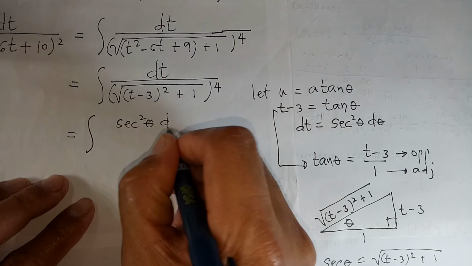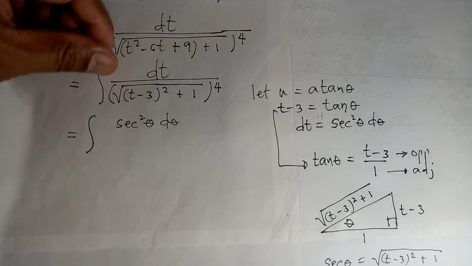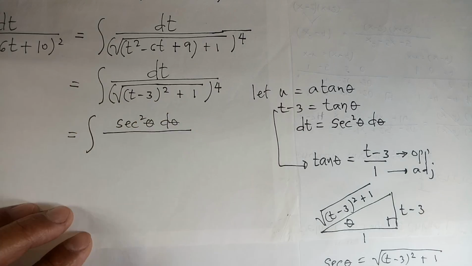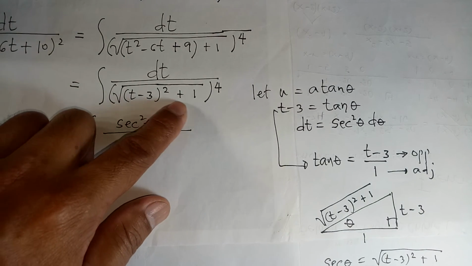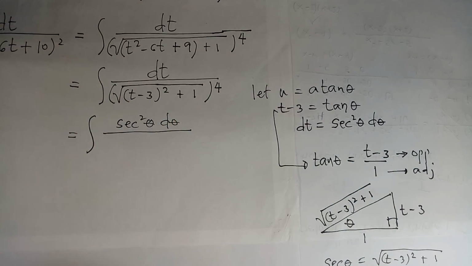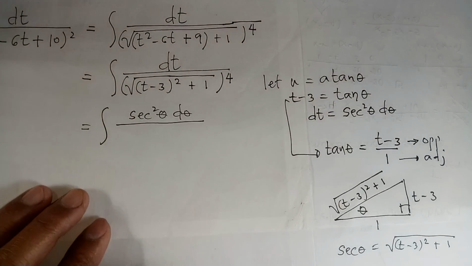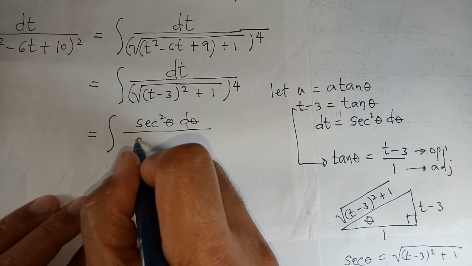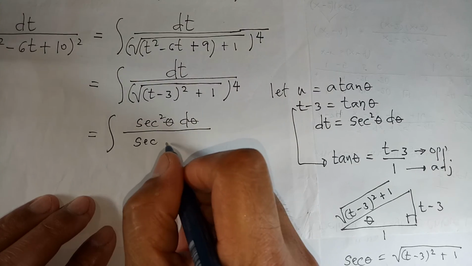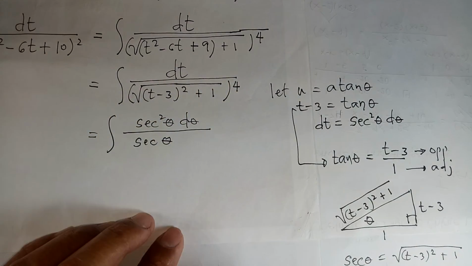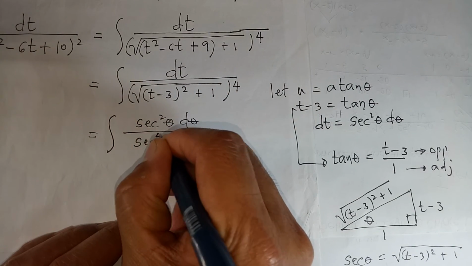Tapos, we have the division line. And then we have t minus 3 squared plus 1 square root. So, you see, equal siya sa secant theta. Tapos naka-raise siya sa 4. Kaya magiging raise to 4 din to.